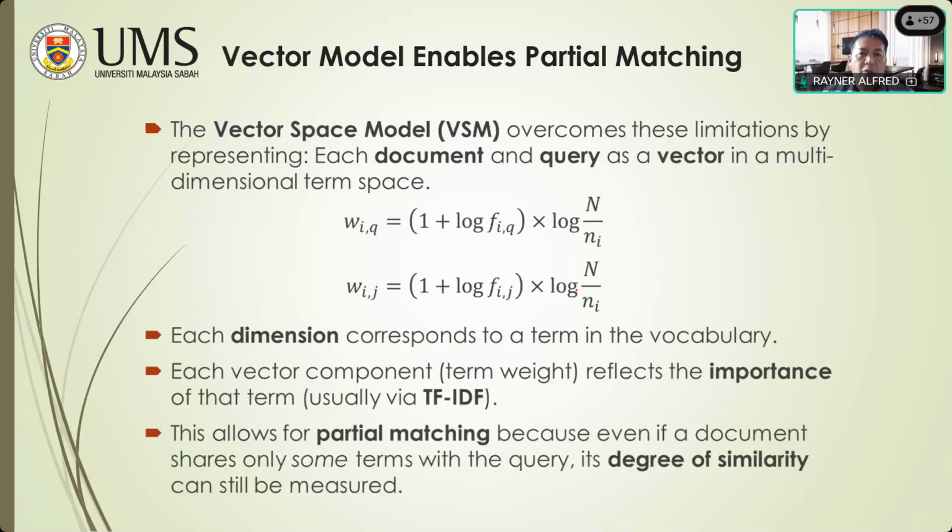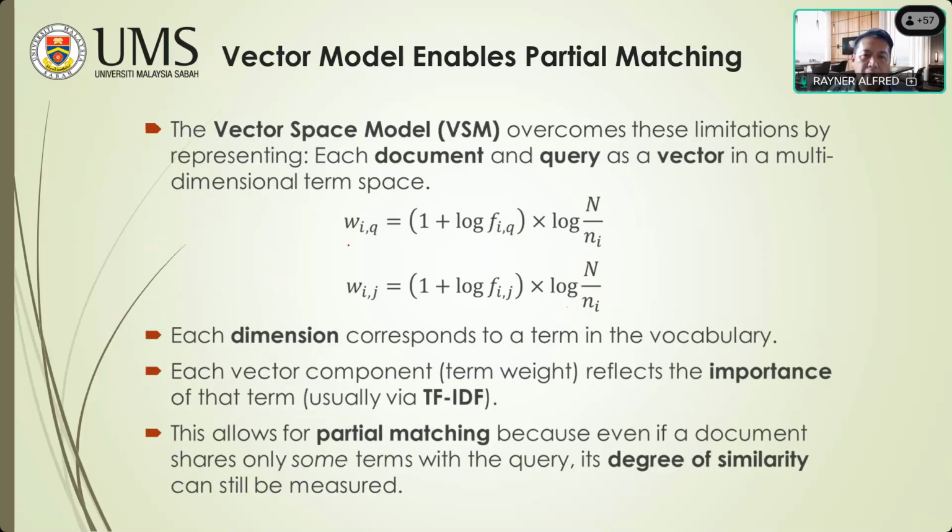Okay, so for that reason they introduced what we call VSM, the vector space model. In a vector space model, they assume the query and the document are represented by a vector. This vector contains the weight of each component of the query and document.